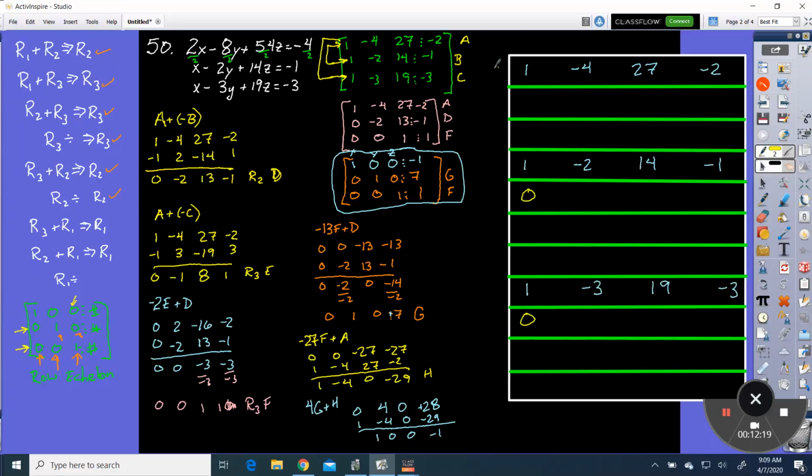So what I do is, if I call these A, B, and C, I'm in essence going to do the same thing that I did here, but just not show all the work. Okay, so what I'm really going to do, I'll just work from right here.